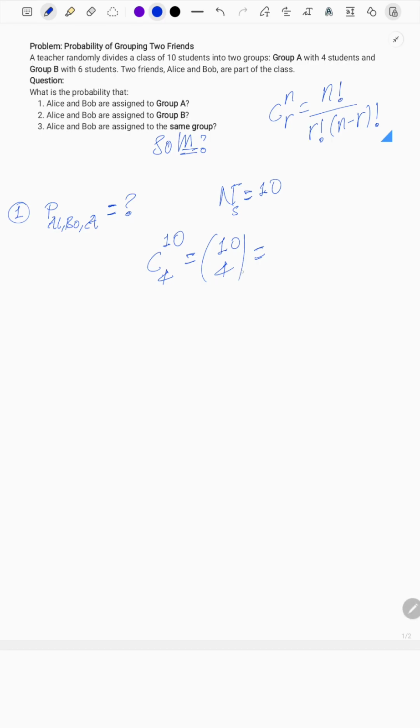So it's going to be 10 choose 4, 10 factorial over 4 factorial times 10 minus 4 factorial. If we do this in a calculator, you will get 210.